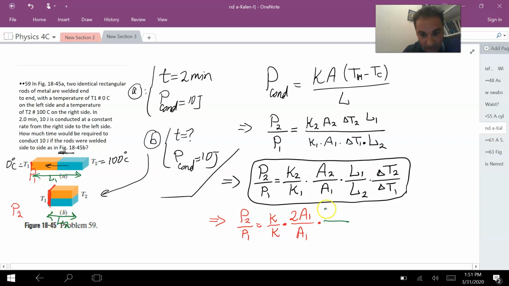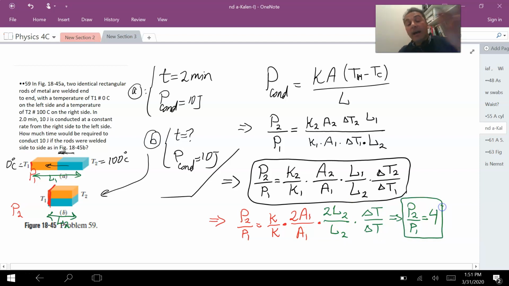I think L1 is 2 L2. L2 is L2. What about differences in temperature? Same. Therefore, what do I get? P2 over P1: A2 with A1, L2 with L1, it's 4. This is the ratio of power, see?